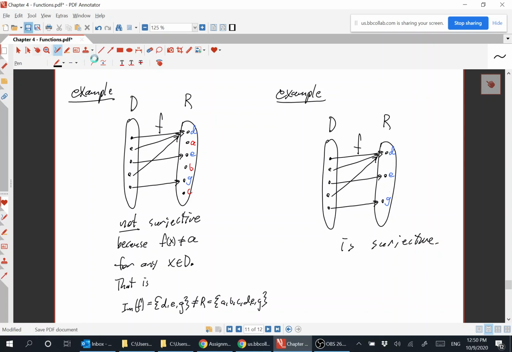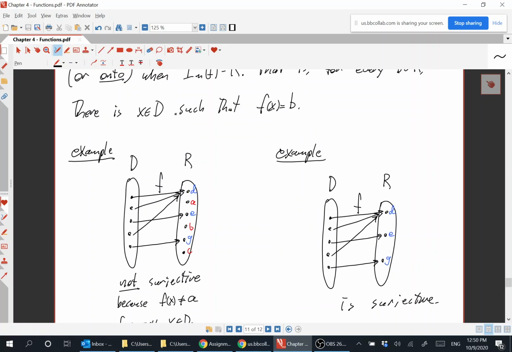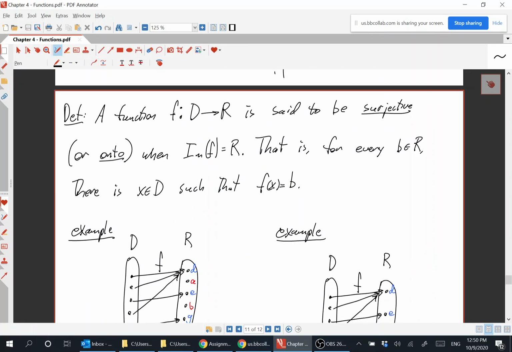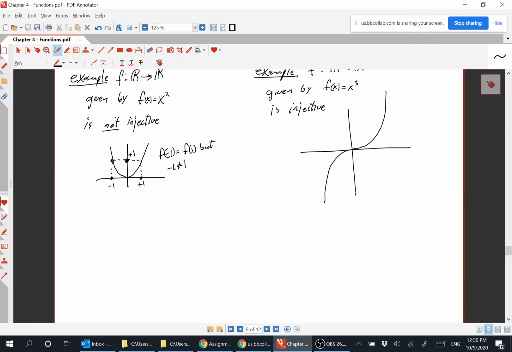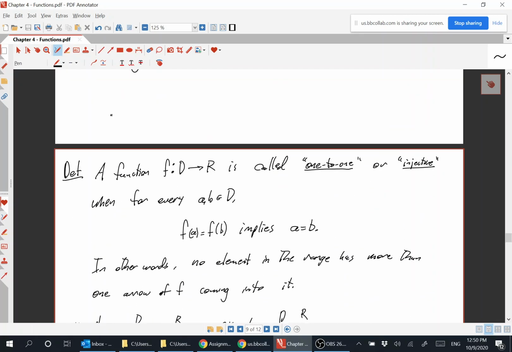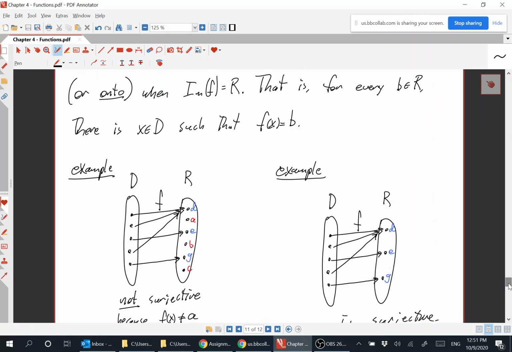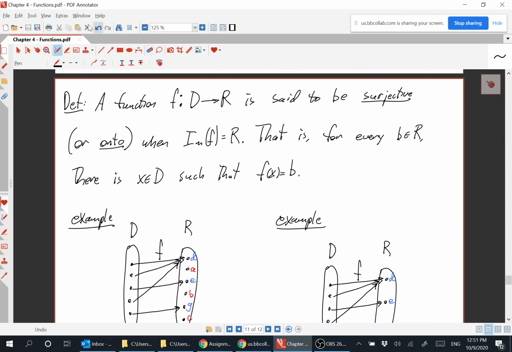So the fancy word is surjective, the less fancy word is onto. Unfortunately, the less fancy word doesn't fit too well, so it's not used too much. Surjective is what's used more often. With injective functions, the term injective and the term one-to-one are used interchangeably. One-to-one is a good description. Onto is kind of awkward, so it's really not used very much.